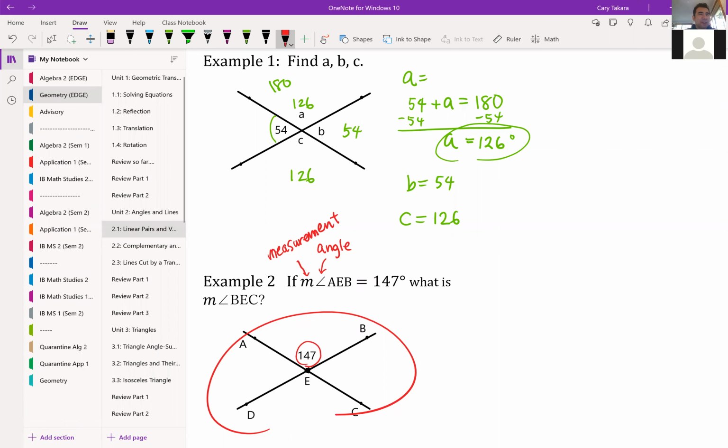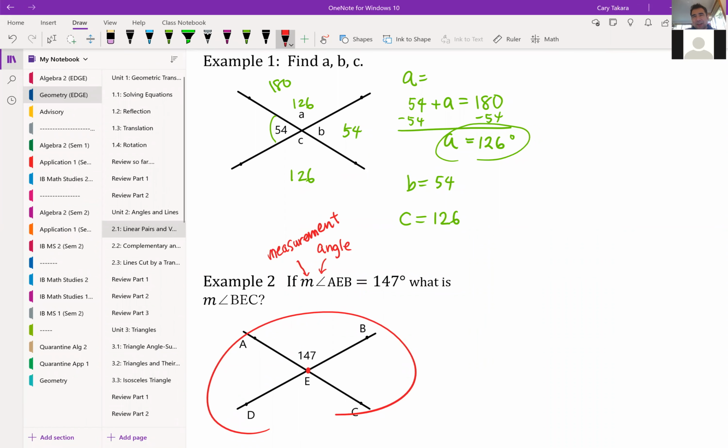Are you going to say angle E? If I said angle E, where do you think I'm talking about? It's very confusing, isn't it? Maybe I will be talking about angle E as right here, or maybe I'm talking about here because E is right there, right? Or maybe angle E is right here, so it could be any of those, right? So where is angle E?